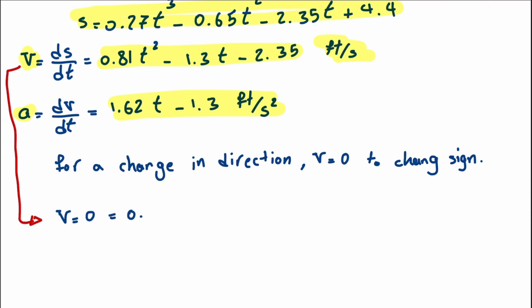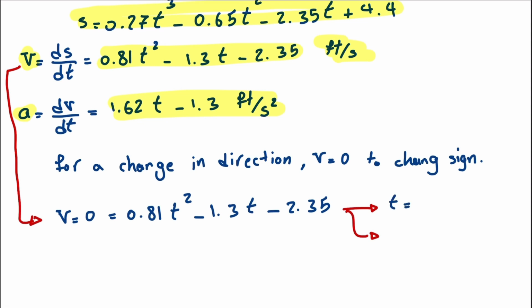Equation is 0.81 t squared minus 1.3 t minus 2.35. And if you solve this equation, you will find two values for t.